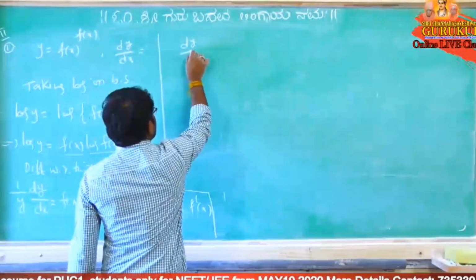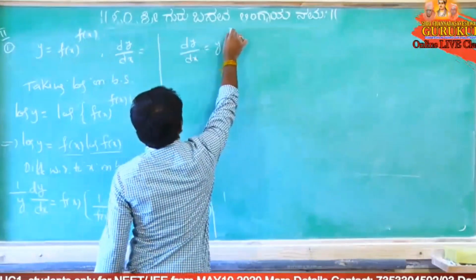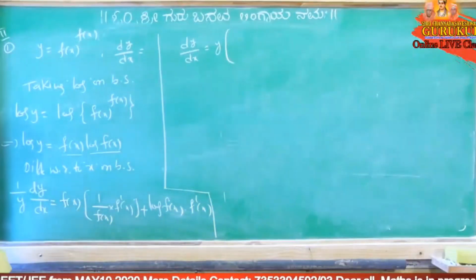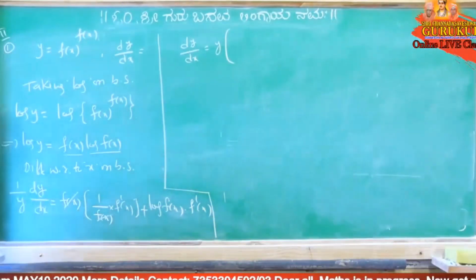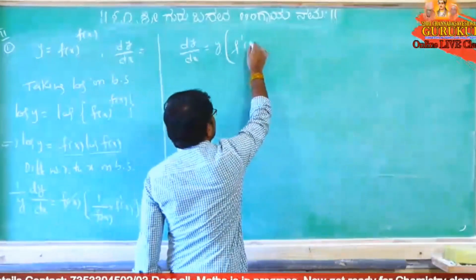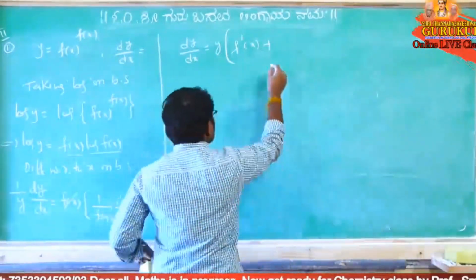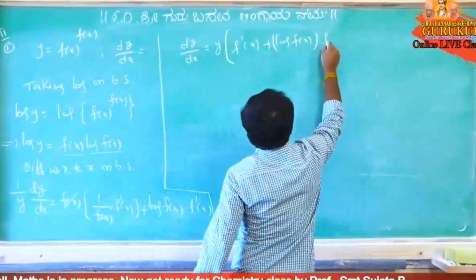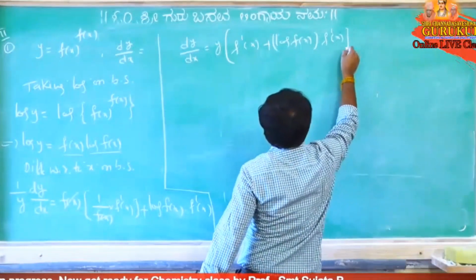dy by dx equals y into, I am taking this y here. Now here what gets cancelled? f of x gets cancelled. What is remaining? f dash of x remains, plus here log of f of x into f dash of x.